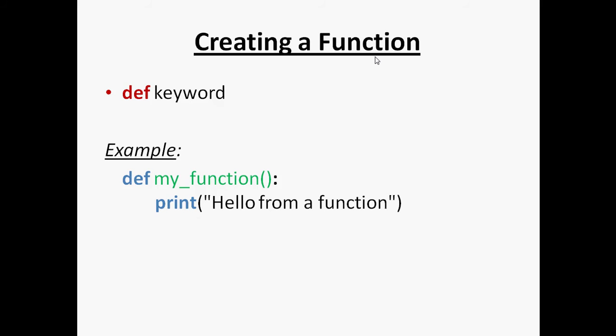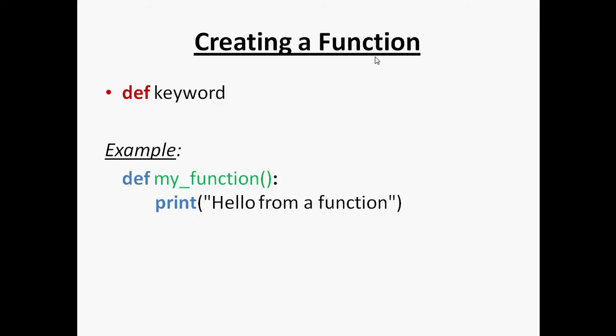Let us start with how to create a function. We can create a function with def keyword. It is a reserved word. Let us take an example. This is an example where I have taken the def keyword. After this, I have given the name of my function showing in the green, which is followed by opening and closing bracket and then after a colon.